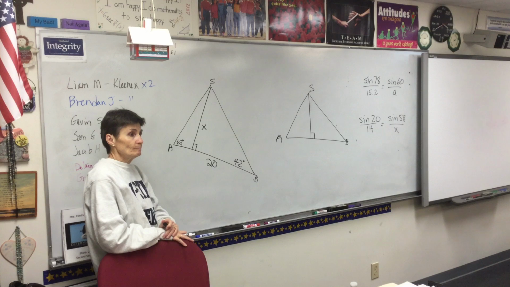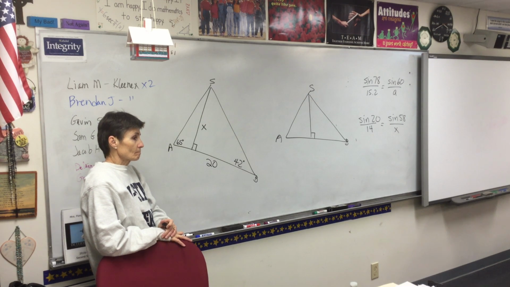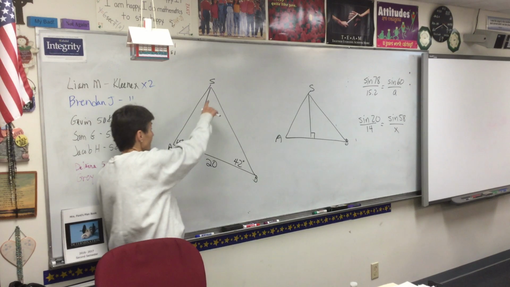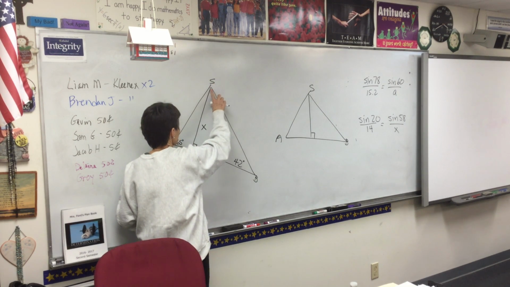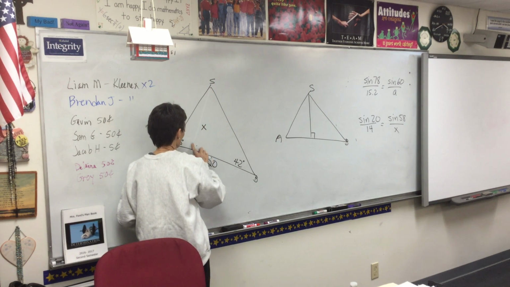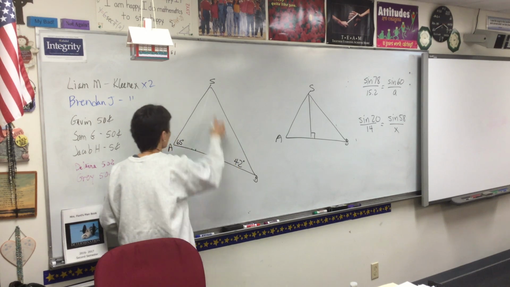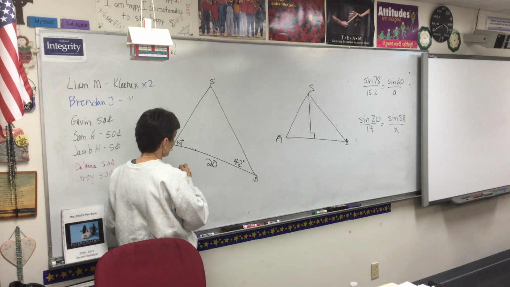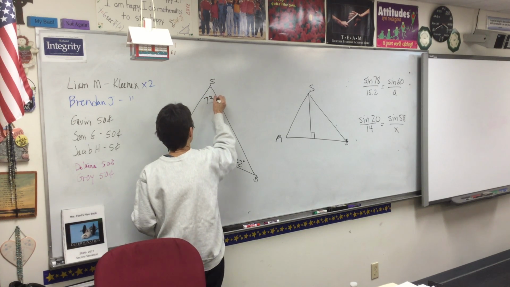Anybody have a thought? The missing angle. Well, I can find that angle, right? Let me pull this back out for a minute. Can I find that angle up there? Yeah, what is it? 73?